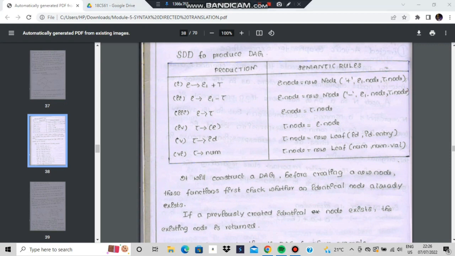Here you have minus, and e1 and t, so you're doing the subtraction between both. Then you have t here, and t is getting stored in e, and this is in between the brackets, so you'll just take the value here, and the leaf nodes are id. So id comma id dot entry, and here you have num, so you'll write num is equal to num dot val. So that's how you solve the DAG, and to write the steps you'll do the same thing here.